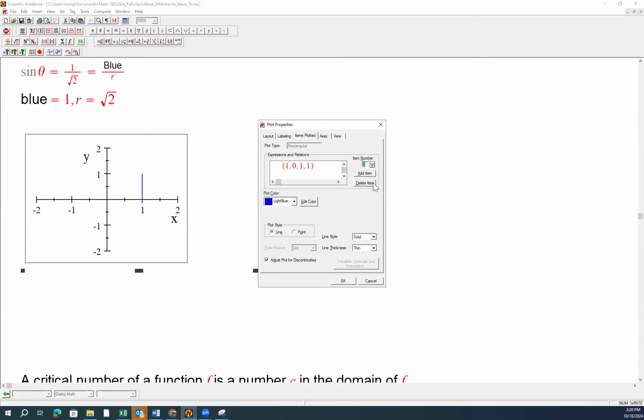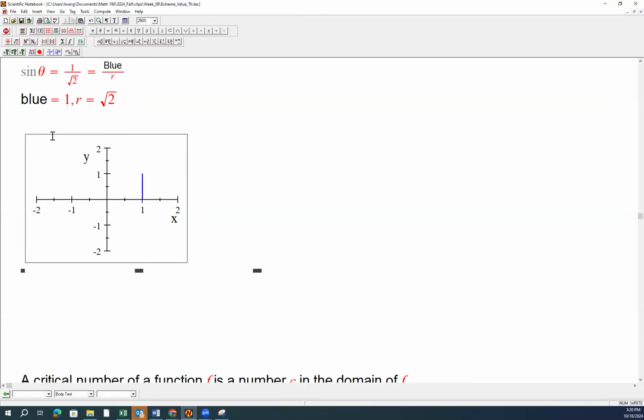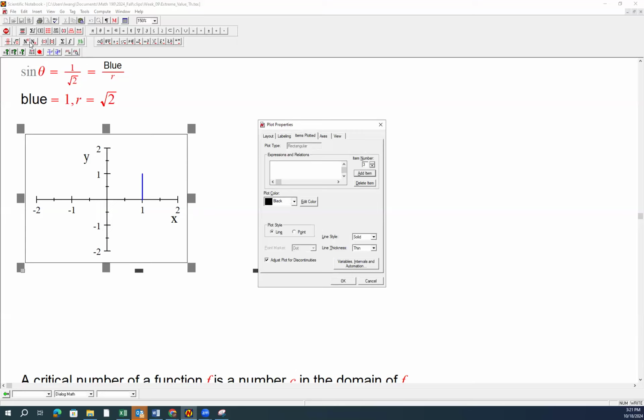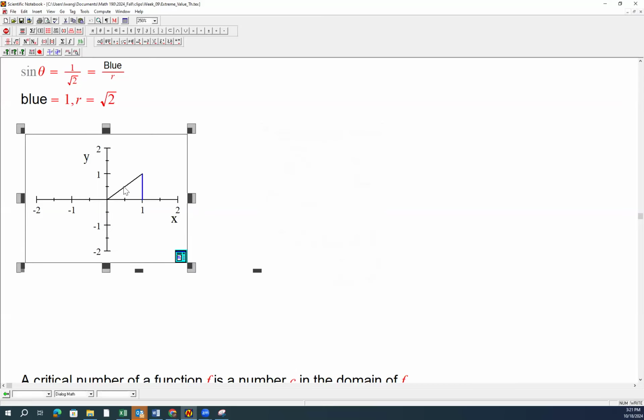I'm going to make the blue just a little bit thicker. We probably want to find the red, right? And the R is root 2.